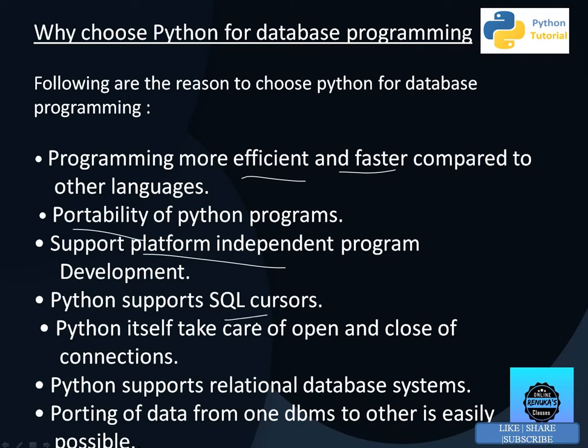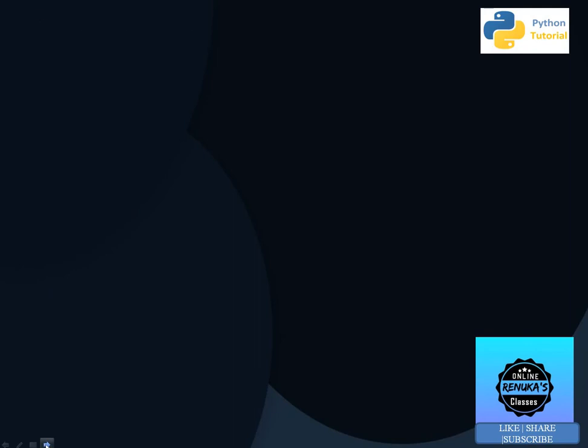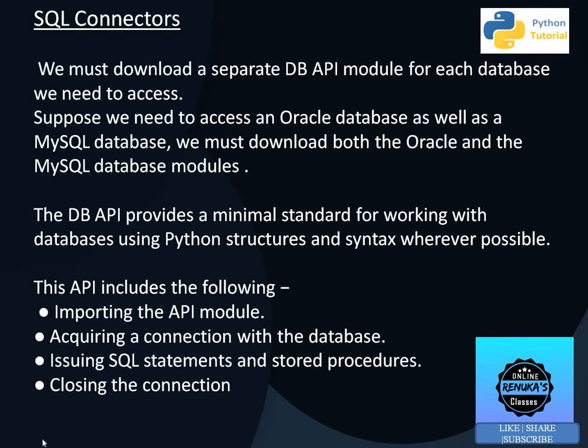It supports SQL cursor, and opening and closing of connections are taken care of by Python. No separate statements are required. Python also supports relational database systems, and porting of data from one DBMS to another is also possible. Due to all these positive characteristics, we use Python for databases.